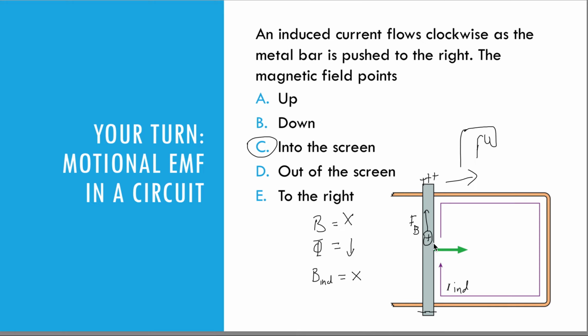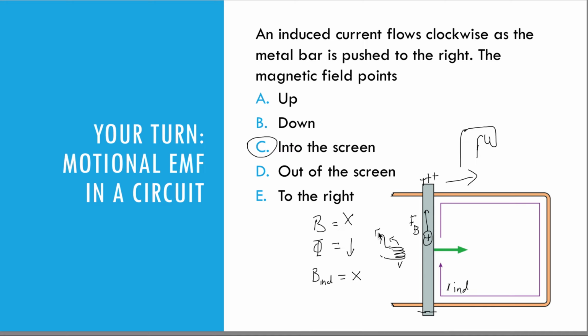If this charge is moving to the right, then you put your fingers to the right, and you can see that in order for your thumb to point up in the direction of the force, your palm is facing away from you. You can fold your fingers into the page in the direction of the magnetic field. Your fingers are V, you fold into the direction of B, which is into the page.